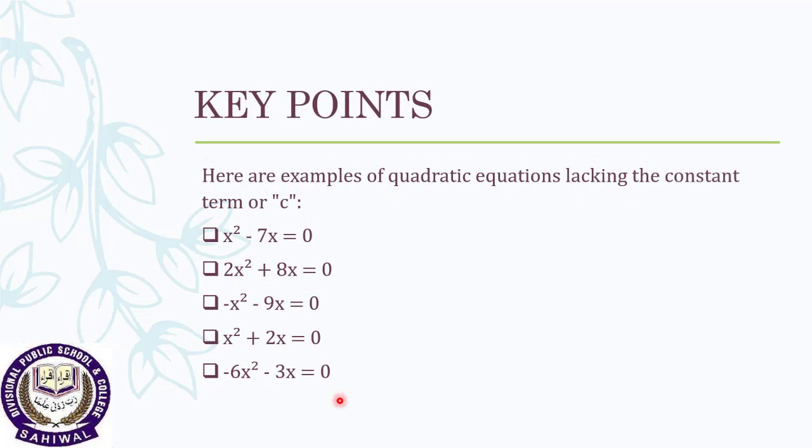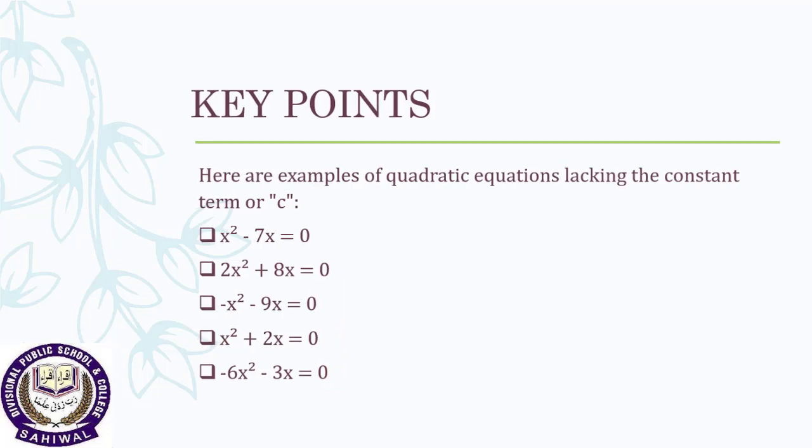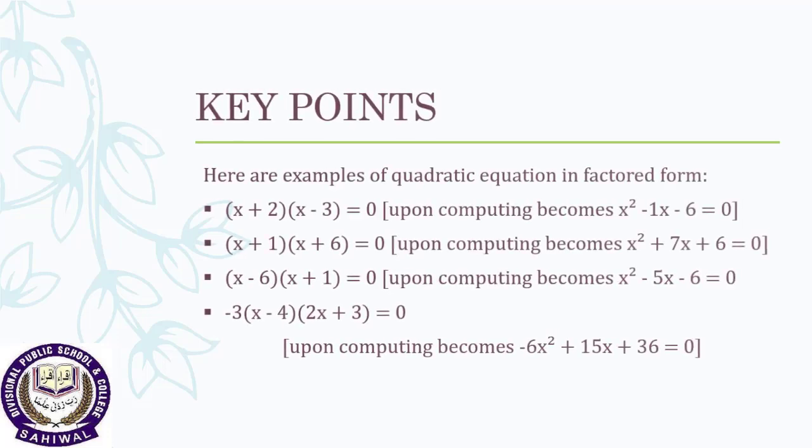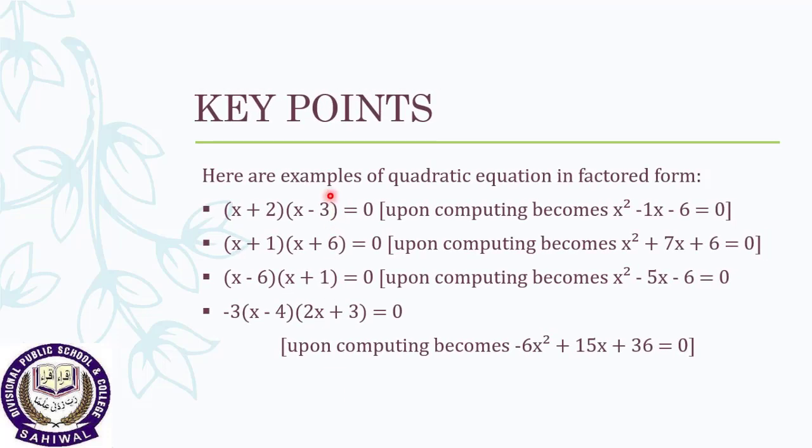The next is the example of quadratic equations that are lacking the constant term or the c, like x square minus 7x equal to 0. We can say that here c is equal to 0. Quadratic equations can also be written in factored form. X plus 2 multiplied by x minus 3 is equal to 0.